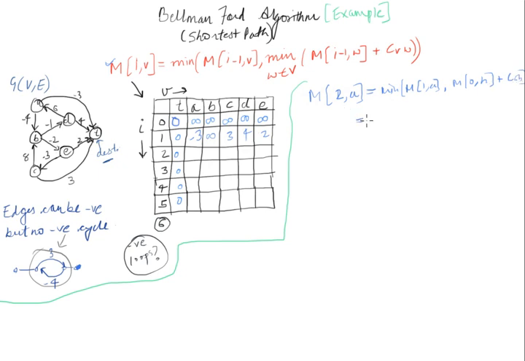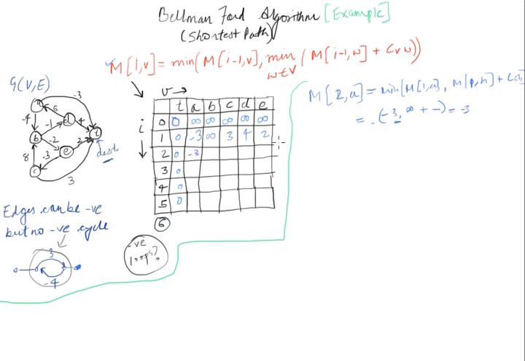So this is M1A was -3, comma, M1B is infinity plus whatever distance, doesn't matter. The minimum of these two quantities is -3, so I'll put -3 here.